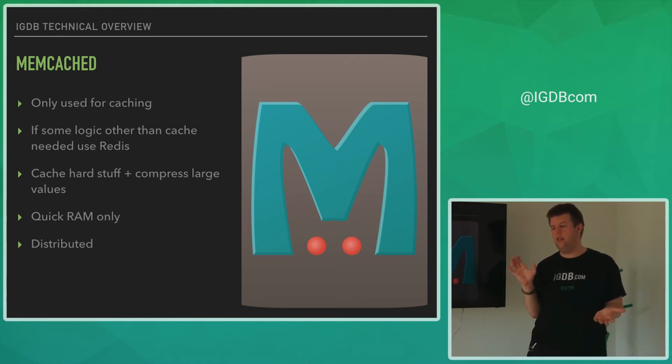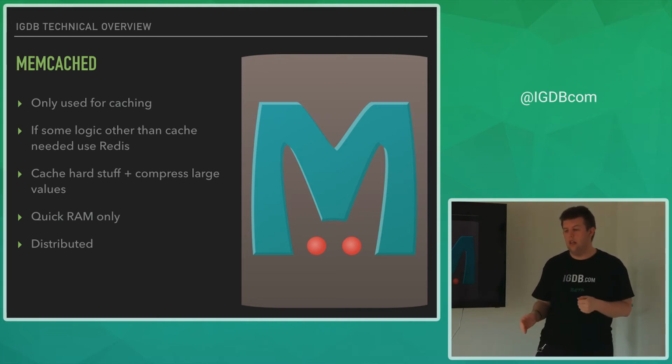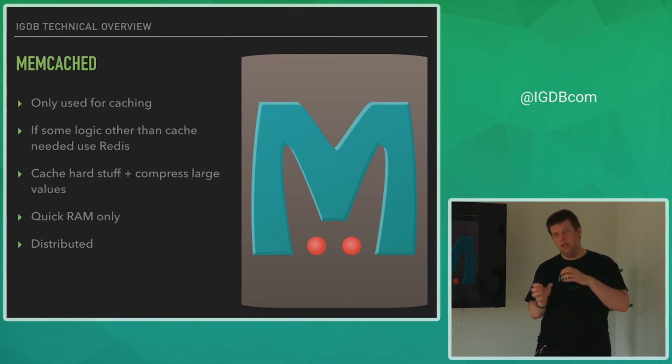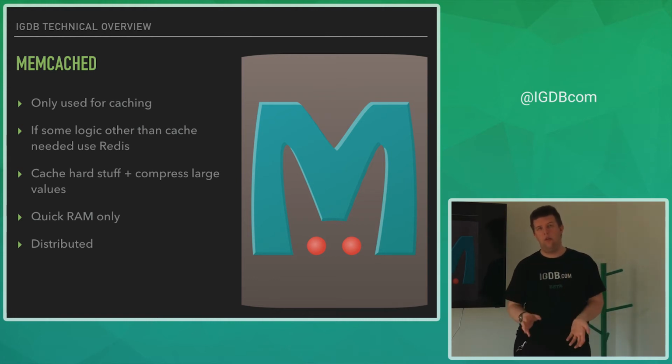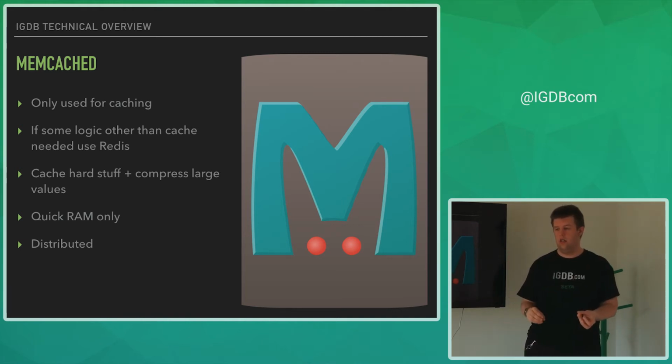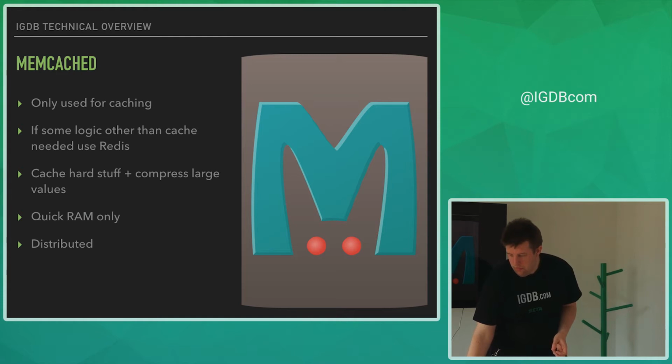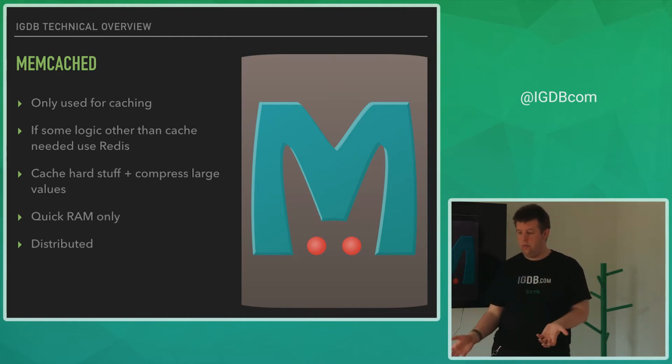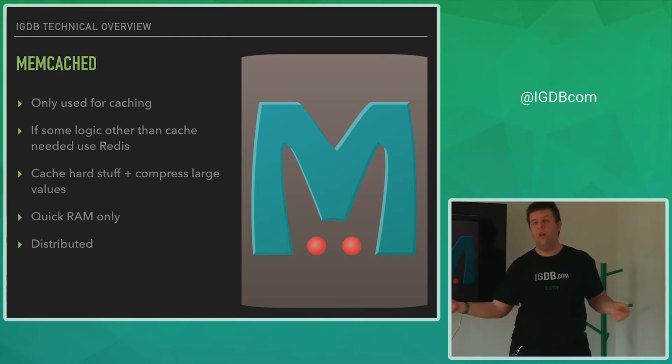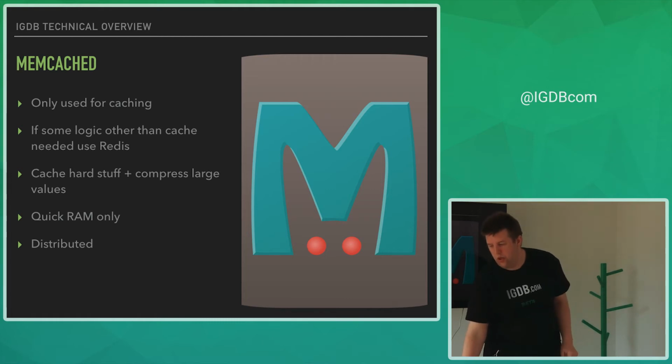My recommendation is to make as much as possible on the fly and then cache it instead of trying to make any logic behind it. It's a quick RAM only database, and it is distributed and very fast. So it makes our pages load a lot faster, which you will see soon.